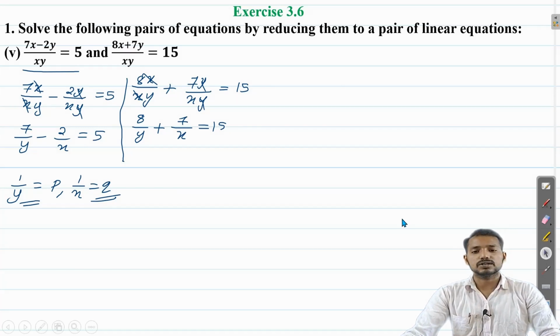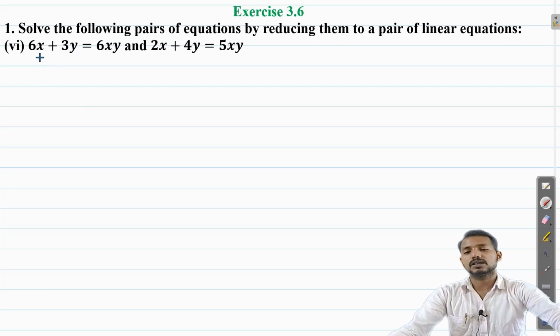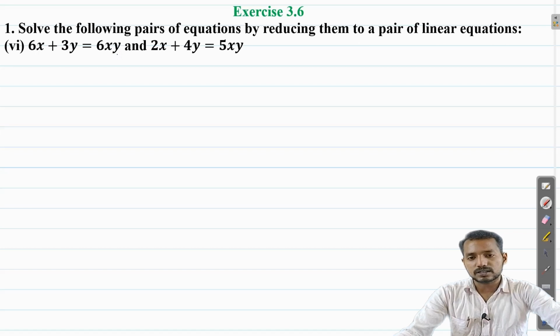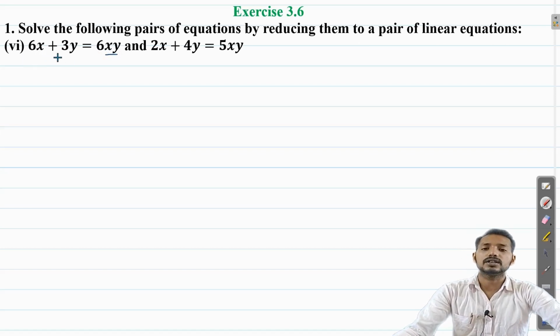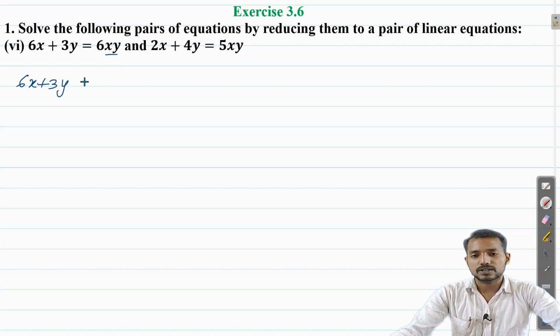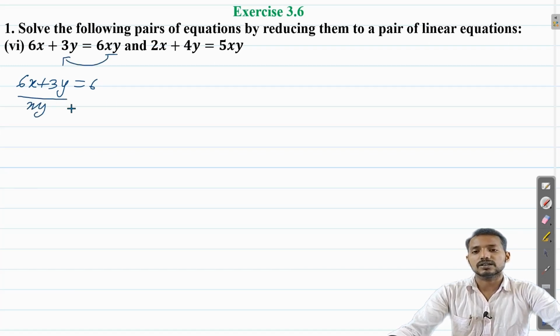I'm going to the next option. This is somewhat different from option number 5 also. So first we need to convert this equation into the form given in option number 5. For that, we can write 6x plus 3y is equal to 6. This xy we bring to the left side, so it will be divided by xy.